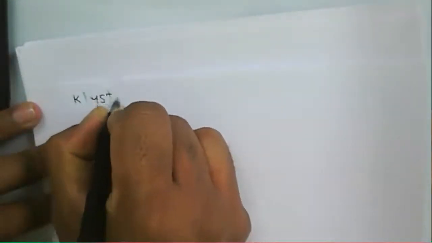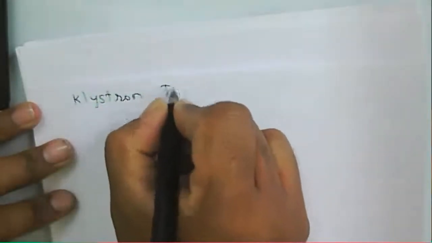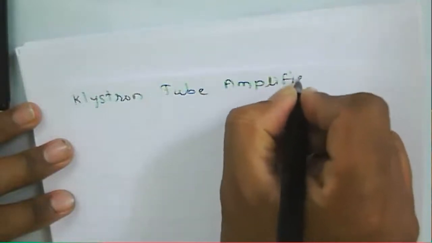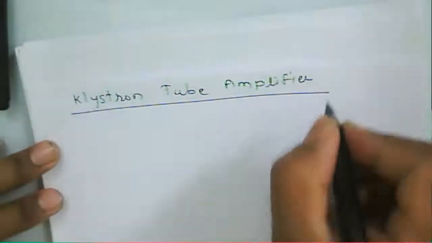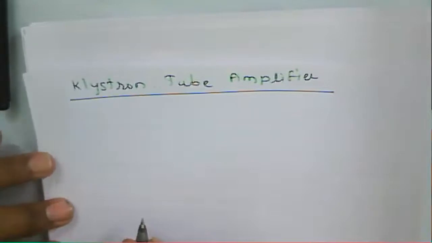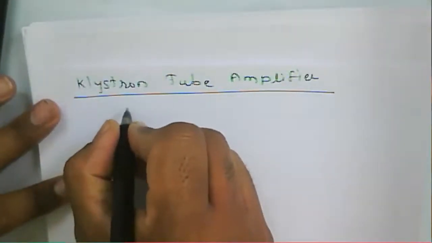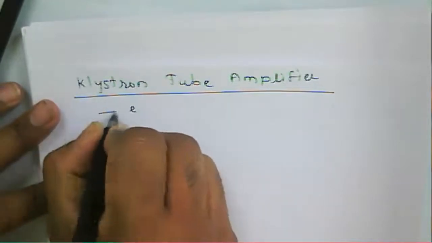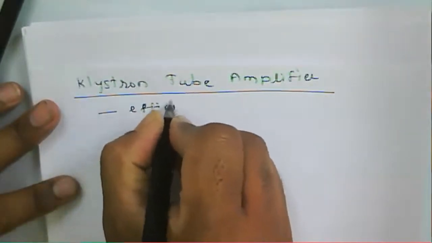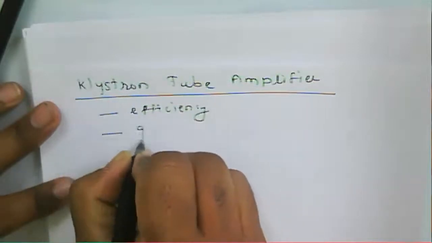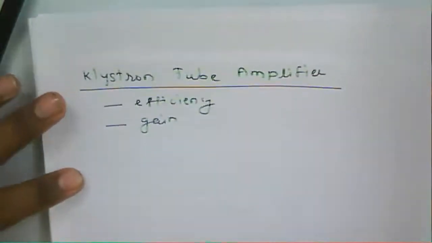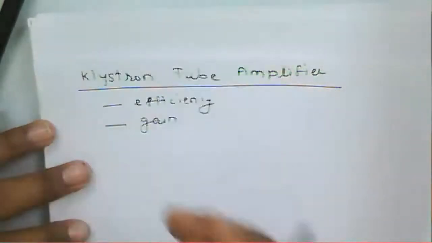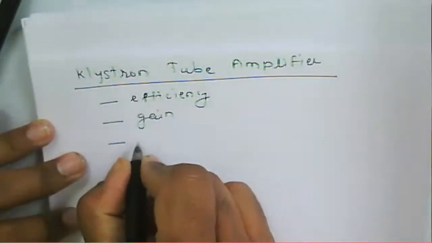Another amplifier is the Klystron tube amplifier. The Klystron tube amplifier has a higher efficiency and a high gain, and its bandwidth compared to the TWTA is very small.